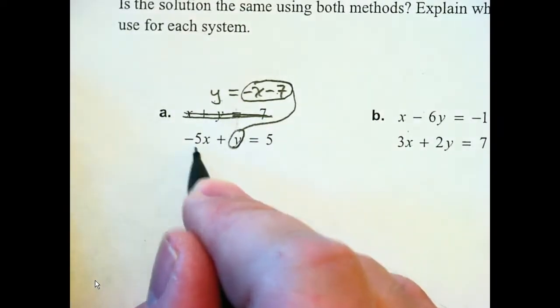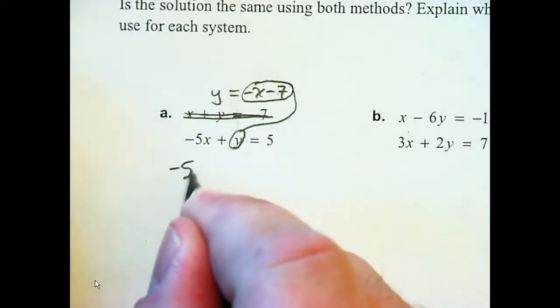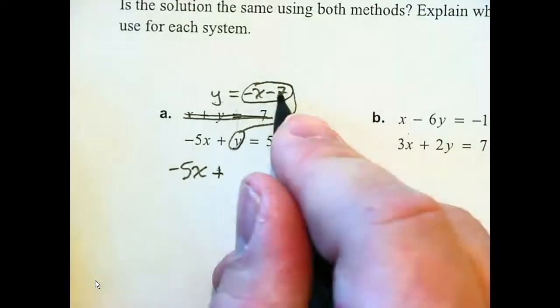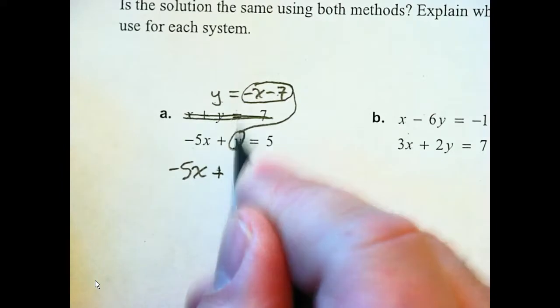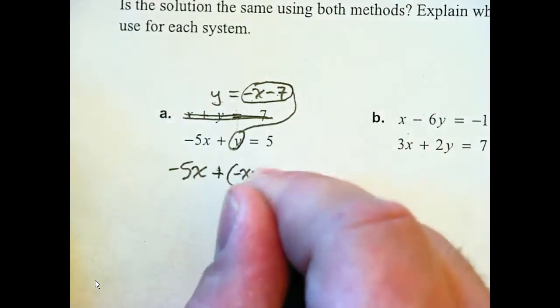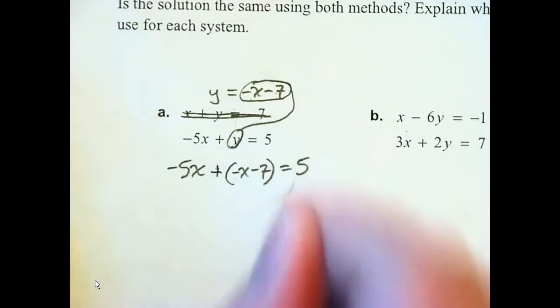What happens when you substitute that in, you're left with a resulting equation. Notice here I have my negative 5x, it hasn't changed. I have a plus, it hasn't changed. The thing that changed was y is no longer called y, it's called negative x minus 7. And then the equals 5 stays the same.